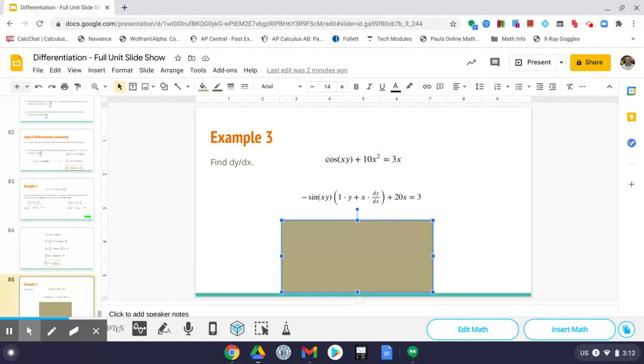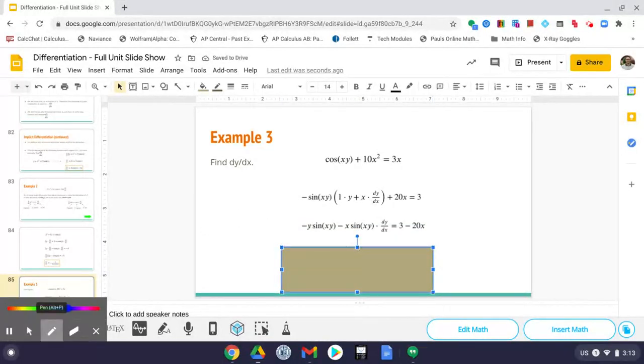Well, there are a couple of ways to attack this. Since this is being multiplied, we could divide negative sine of xy over to both sides after I subtract 20x. Or I could also distribute the negative sine of xy into these parentheses.